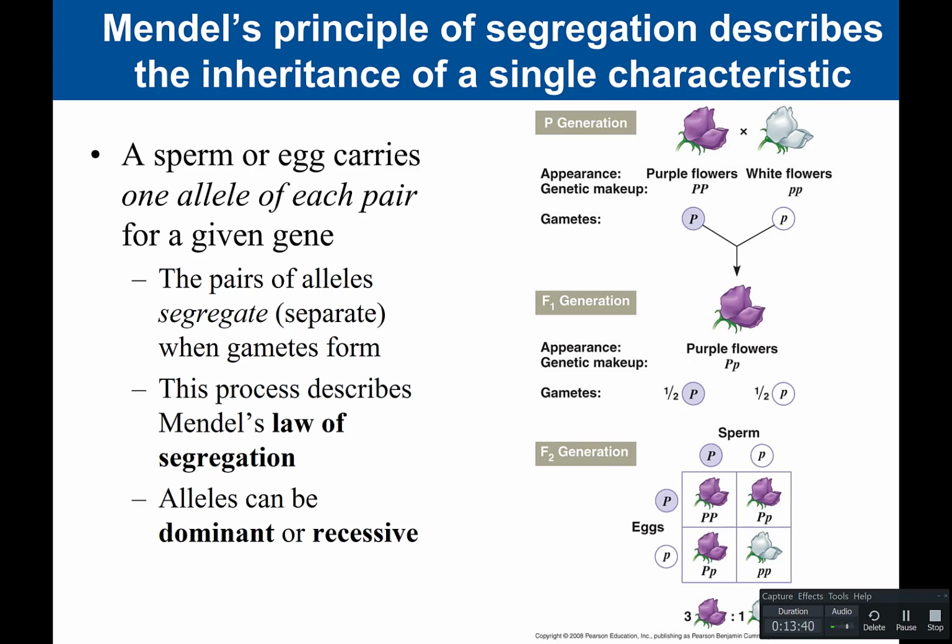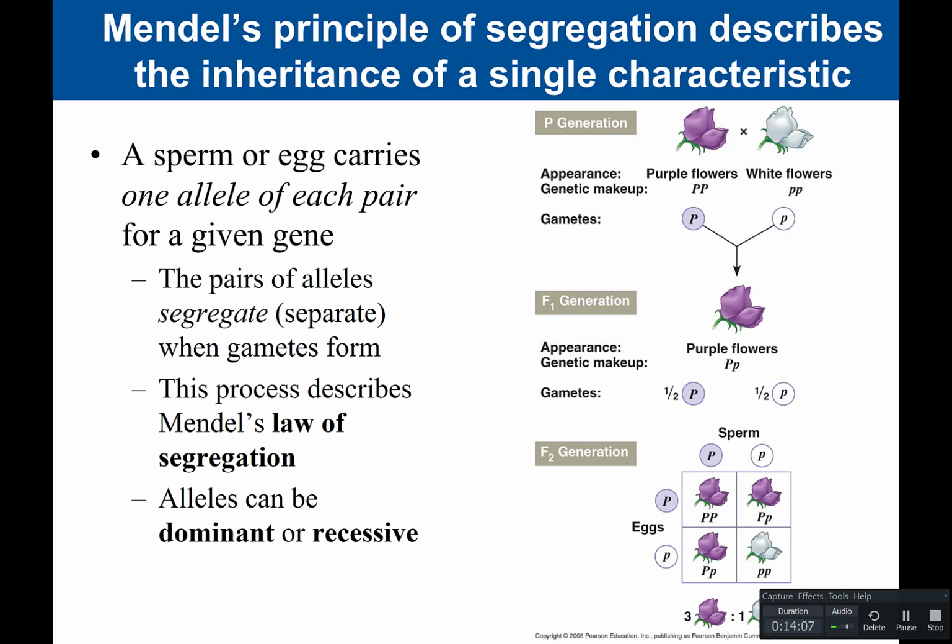The white flower, on the other hand, white is recessive. The only way that you can have a white flower plant is if it is little p, little p. So that white flower plant has its little p allele to give. It's the only allele it can give, so its gamete has a little p. So purple flower plant gives the big P, white flower plant gives the little p.